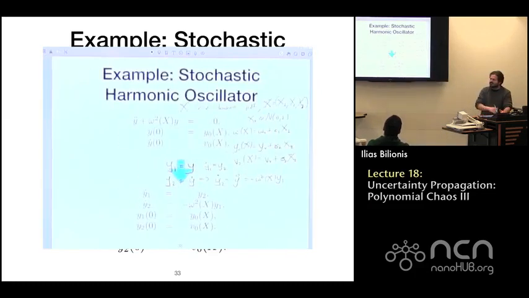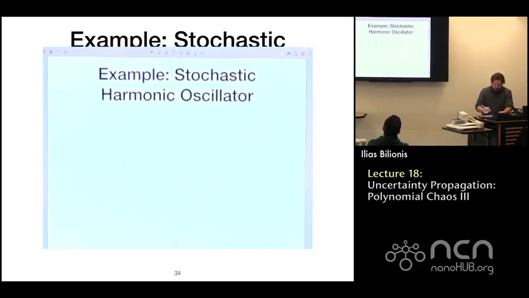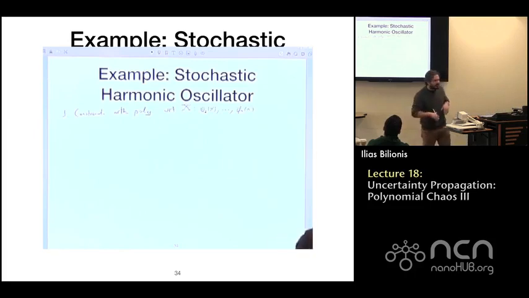Are you ready? Good. The first step is to construct orthogonal polynomials with respect to whatever the probability density of x is, and let's call them phi 1 of x through phi n of x. Now let's do the second thing.